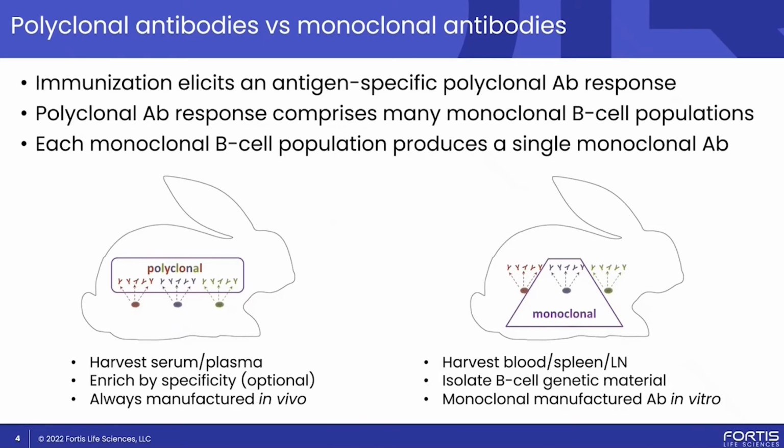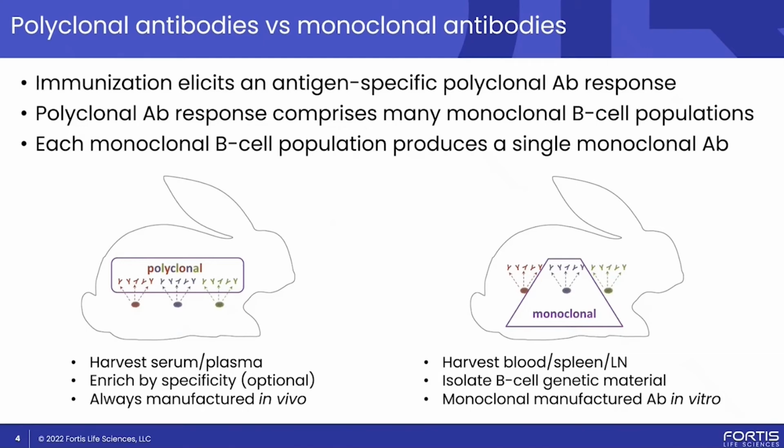Monoclonal antibodies, on the other hand, represent a single species subset from within that polyclonal population. And they're defined by their source of origin, which is the B cell clone family that is producing that monoclonal antibody.